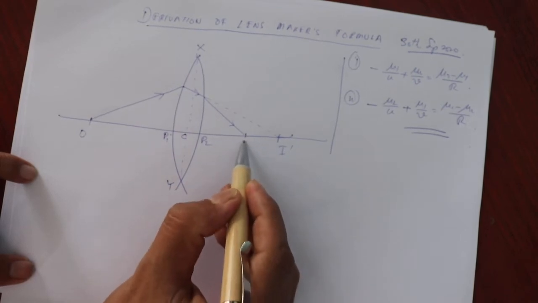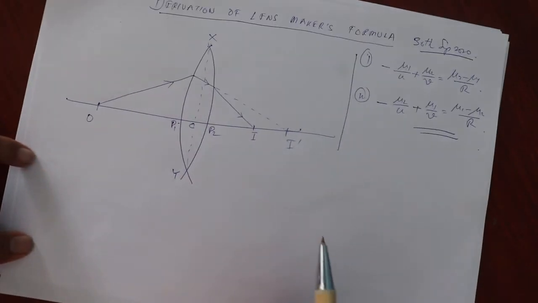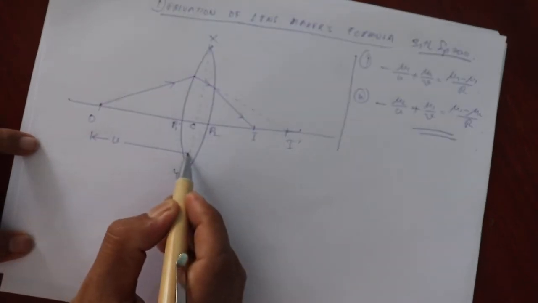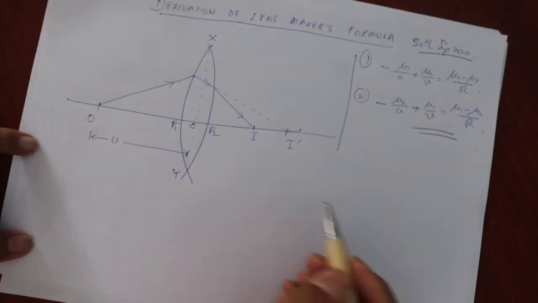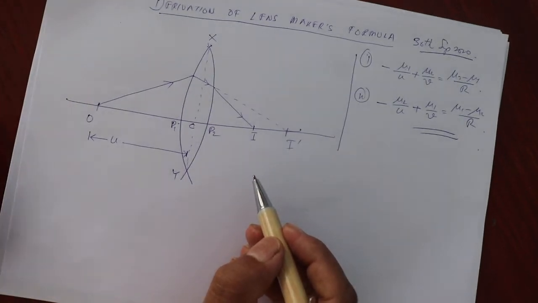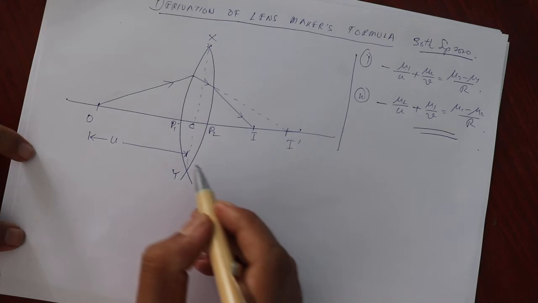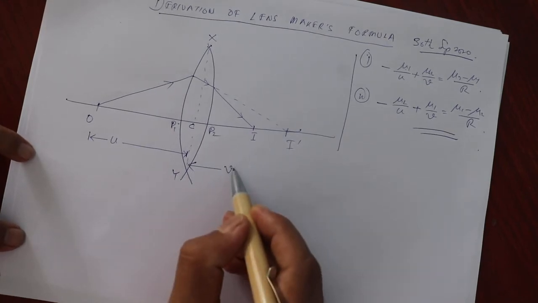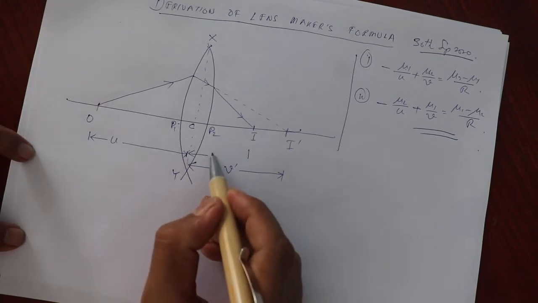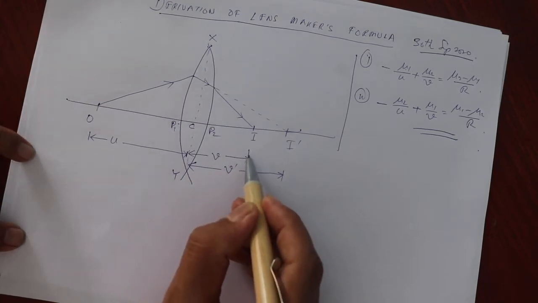This is going to be I here. The object distance we write as u, usually taken from the center of the lens, and this is the image. I dash is the image. So let us call it v dash, and the other image you can call v.